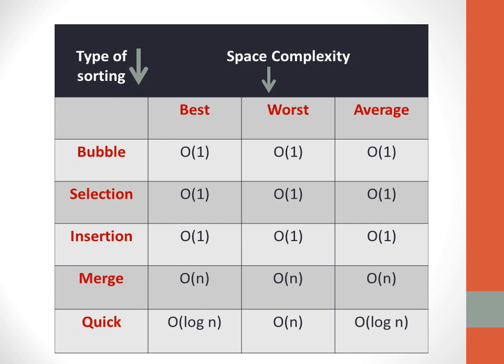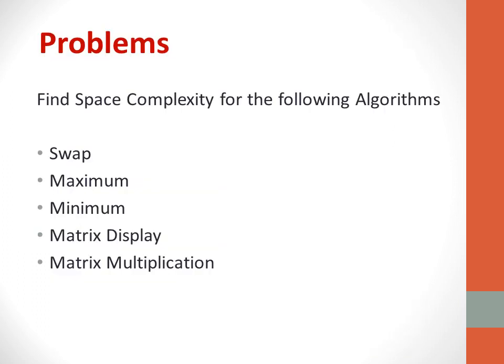So when problems are there to solve for finding the space complexity, you can verify the space complexity for swap operation or swap algorithms, then finding maximum, finding minimum, matrix display and matrix multiplication. So try to calculate the answer for this problem. We will verify the answers in your window or in your comment box. So proceeding further.